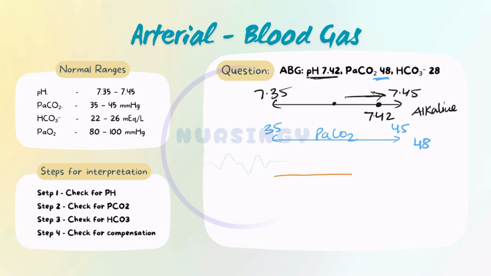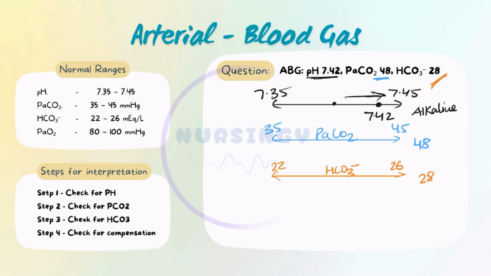Because it's going toward the same side, we haven't found out yet whether it's respiratory or not. So we need to move to the third step, that is HCO₃, where the normal range is 22 to 26, and now we find the patient has 28. So this is more toward the alkaline side of pH.